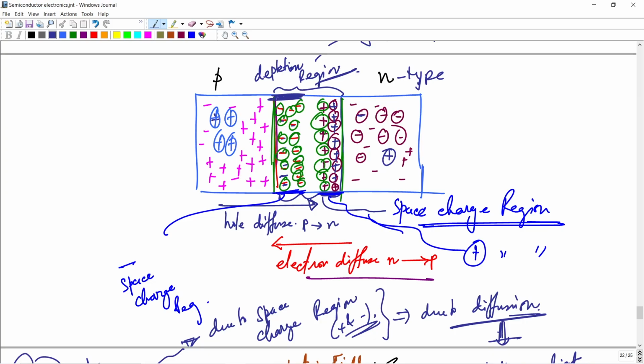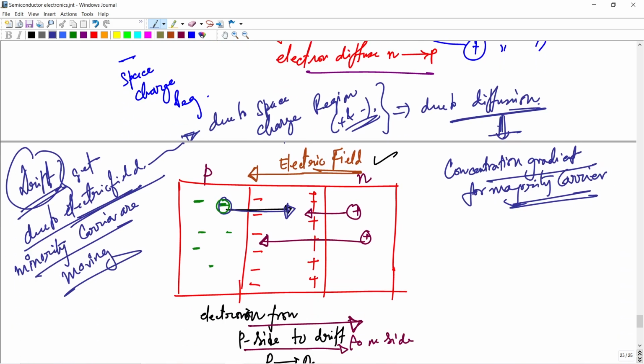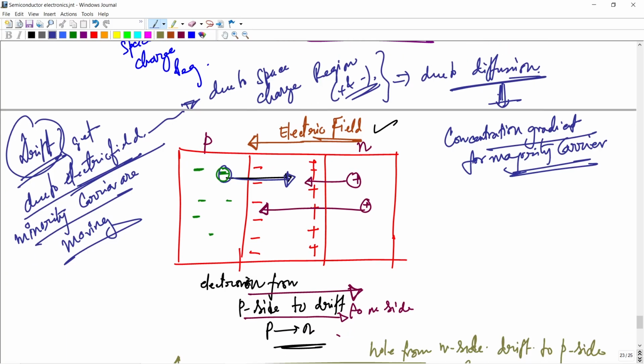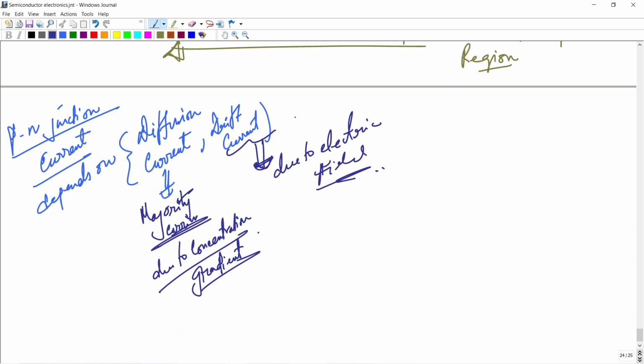Due to that there is more electric field, and more electric field means more minority carriers moving. So at equilibrium, the drift current is equal to the diffusion current. So you get a net current of zero. The concept is like that. So in equilibrium, we get zero current.